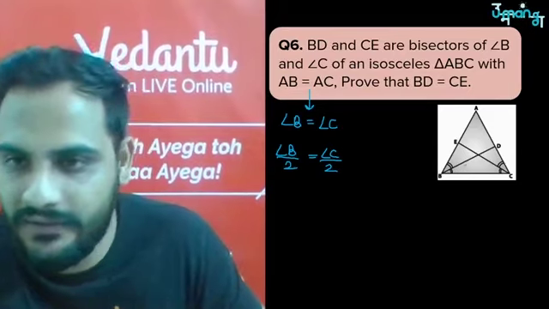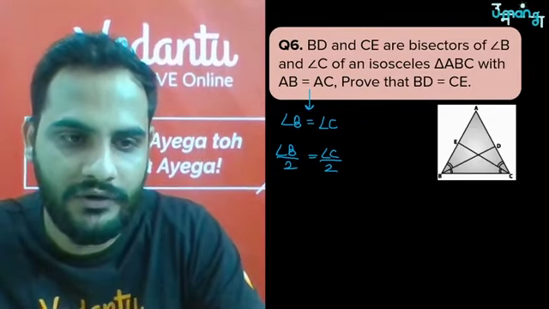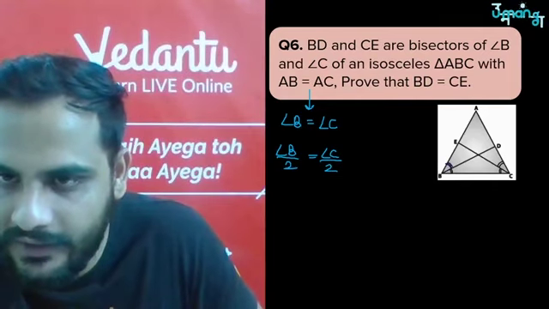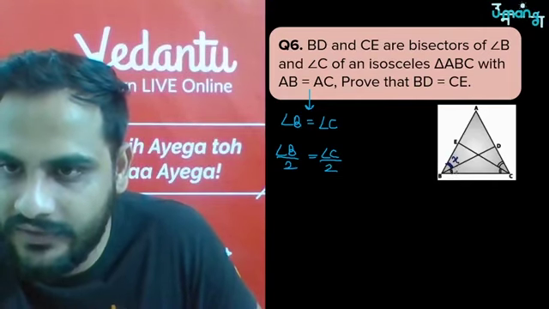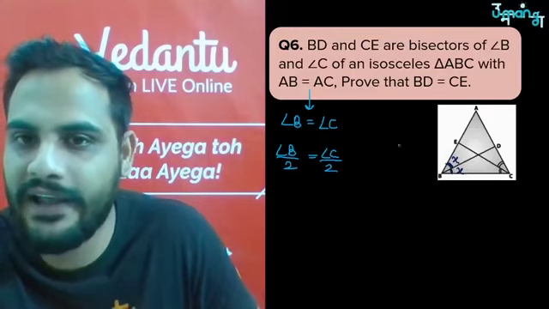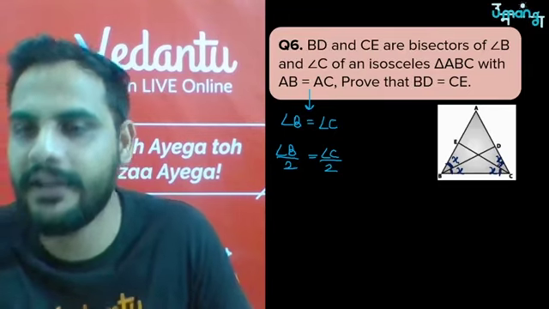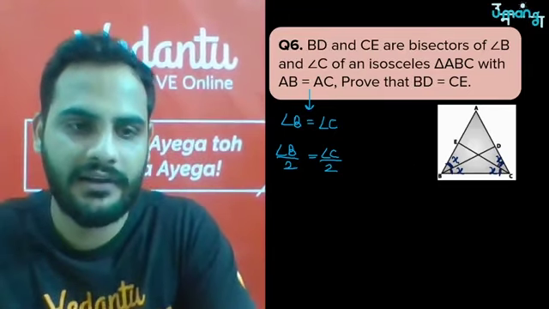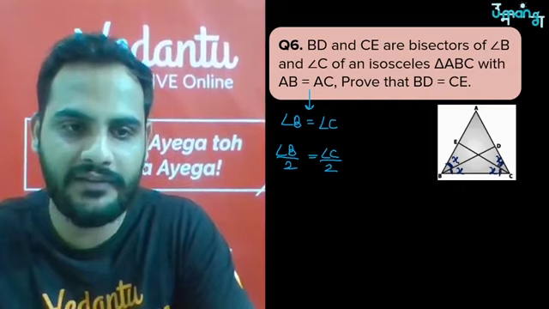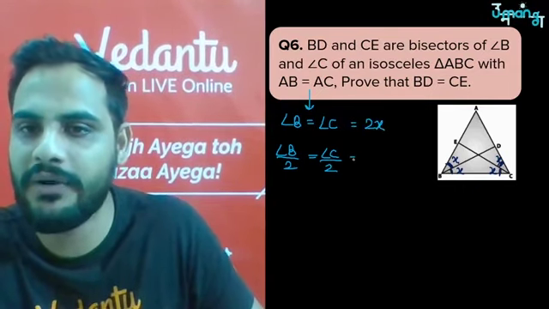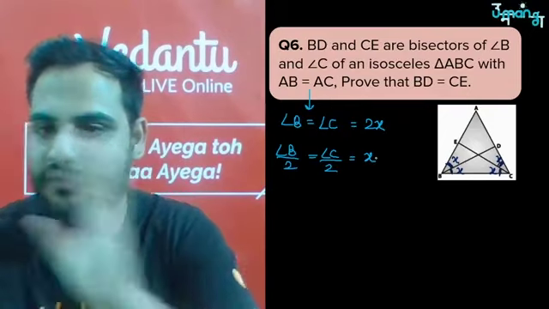So if I take this angle as x, this angle will also be x, and total angle B will become 2x, and this also will become x, this also will become x. All the angles I have taken as x. I can say angle B and angle C are equal to 2x, right? And angle B by 2, angle C by 2 will be x. That is by diagram.